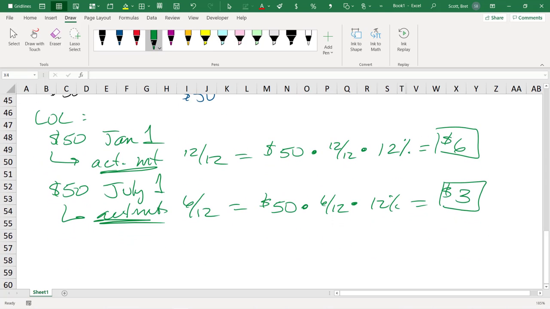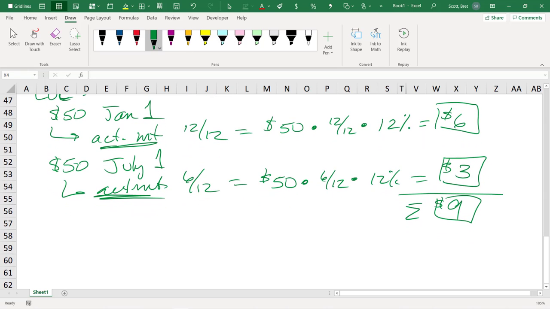So the total amount of interest, if we use a line of credit, LOC, would be how much? $9. Okay. Now compare that to a rather unfortunate situation where we borrow using a loan, full amount.